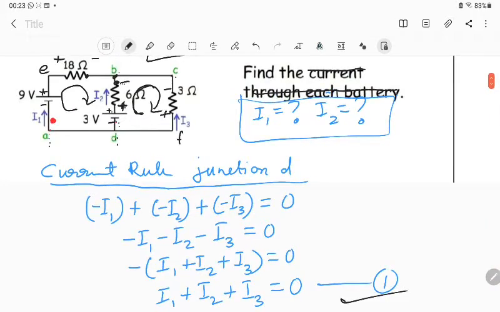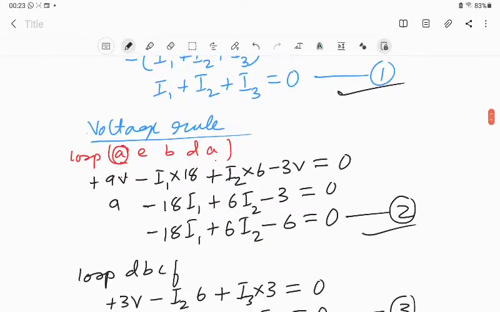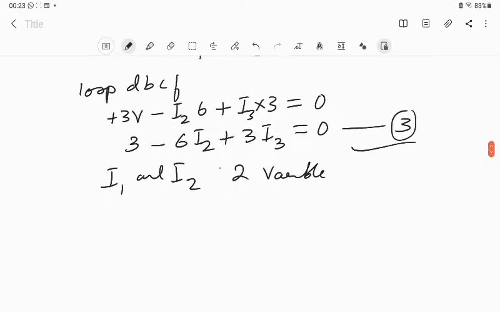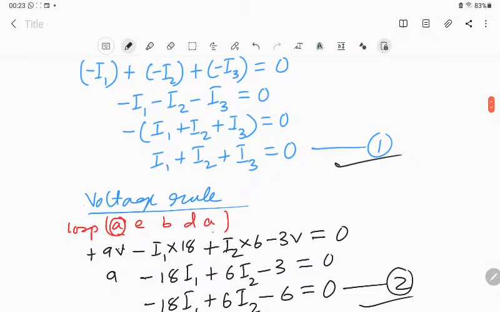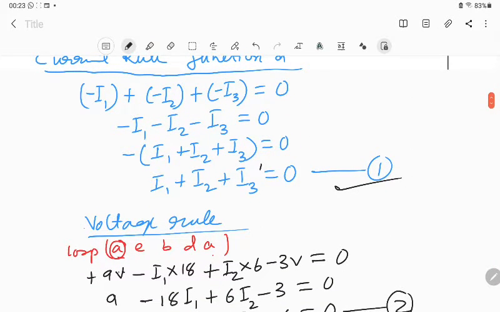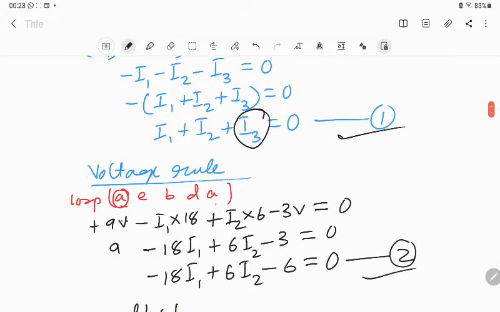If there are three variables, then we will need three equations. So now this I3, I can replace I3.